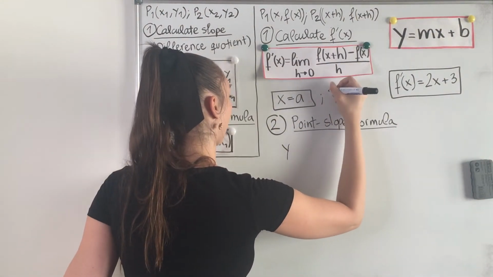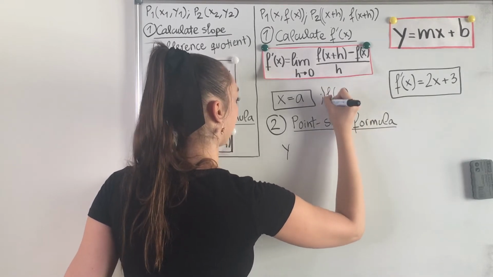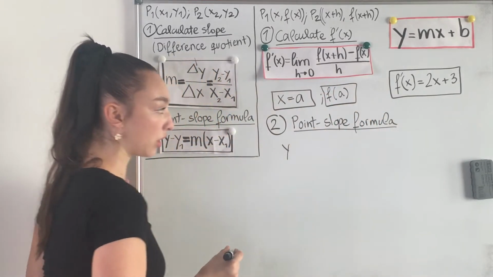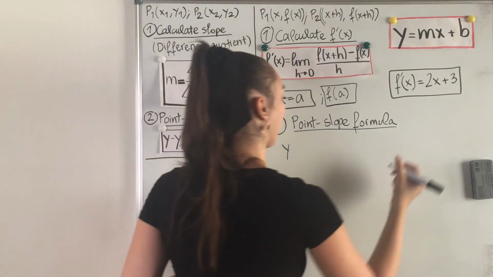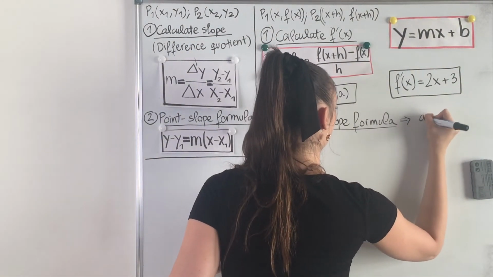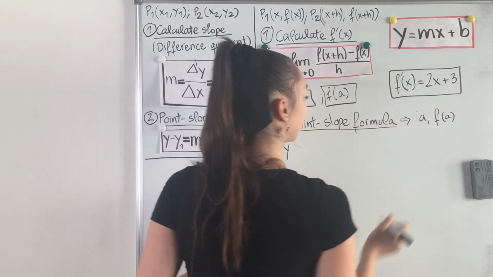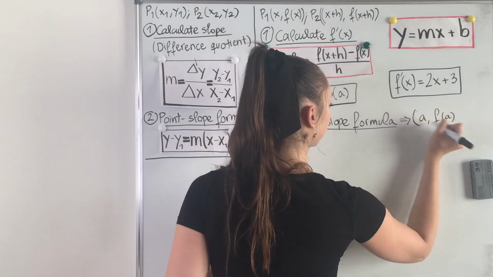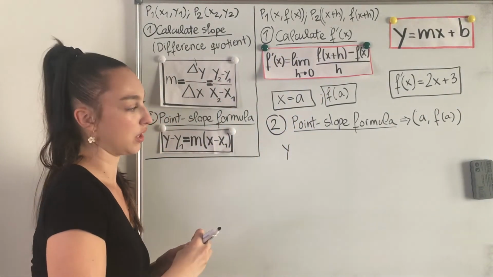And the value for when x equals a in our function is f of a. So the coordinates of the point that we're going to use to calculate our formula in is going to be a, f of a. Those are going to be the coordinates of our point.